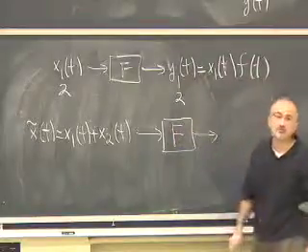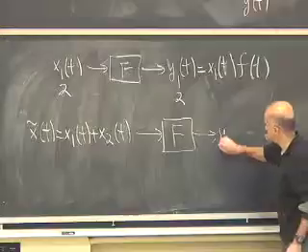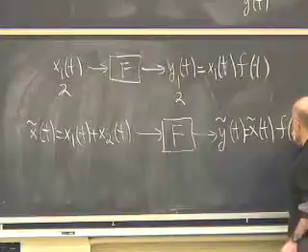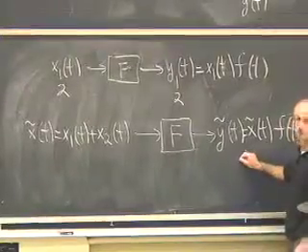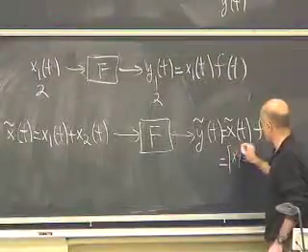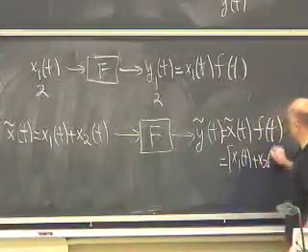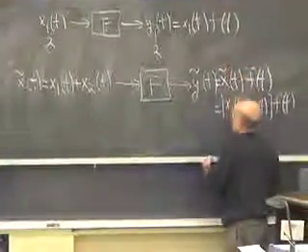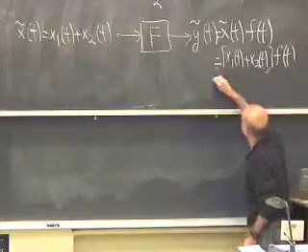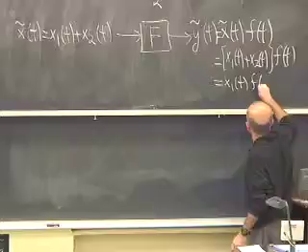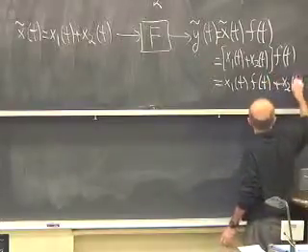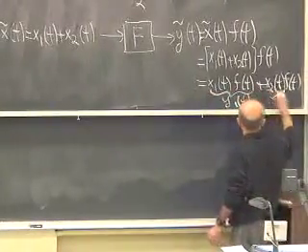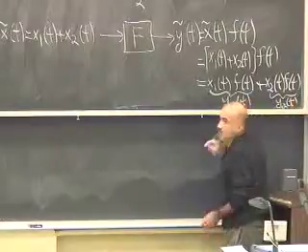What is the system going to do to it? Yeah, so y tilde, the corresponding response, will be x tilde times f. And you sub in for x tilde, which is x1 of t plus x2 of t times f. And it's not hard to see that this is simply equal to x1 f plus x2 f. This is y1 and this is y2. Okay, we'll pick up next time.